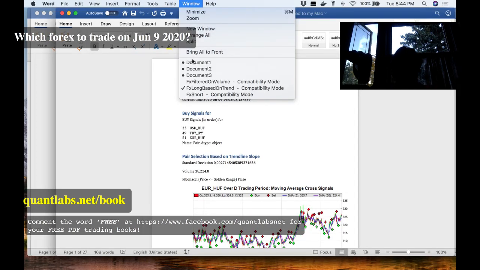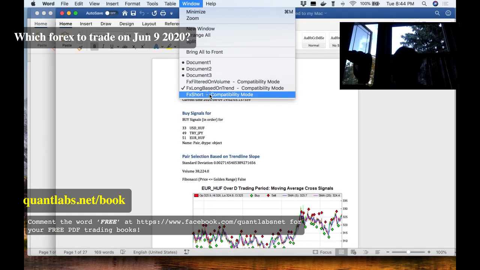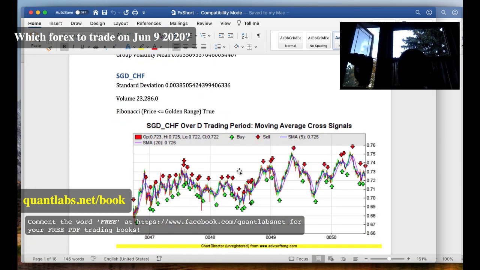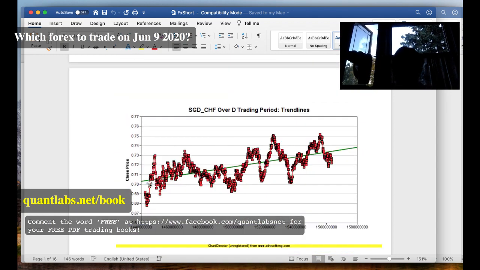Then we have one more, another FX report filtered on volume. Why don't we look at this short opportunity here? I'm not a huge believer in shorts, but it's gone flat and we got a signal here. Oddly enough, it's in an upward trend.